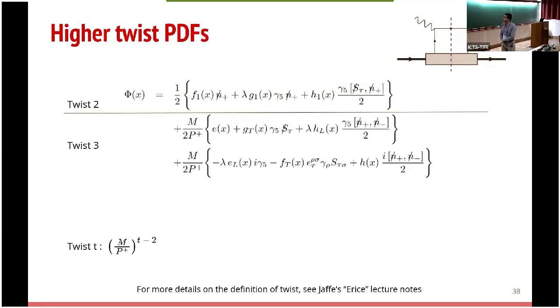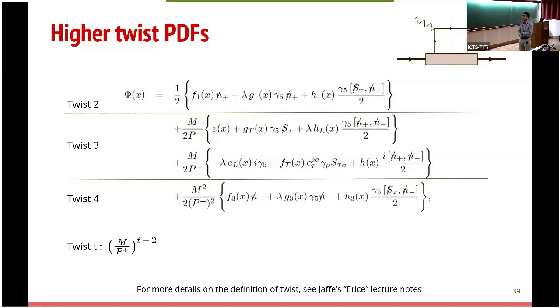So this is what happens to your collinear PDFs if you add the twist 3 level. At the twist 2 case, you only had 1, 2, 3 PDFs for a nucleon, for a spin 1/2 particle. If you take into account higher twists, for example twist 3, you have 1, 2, 3, 4, 5, 6 additional PDFs. So the picture is already much more complicated. Formally, you can go even higher.